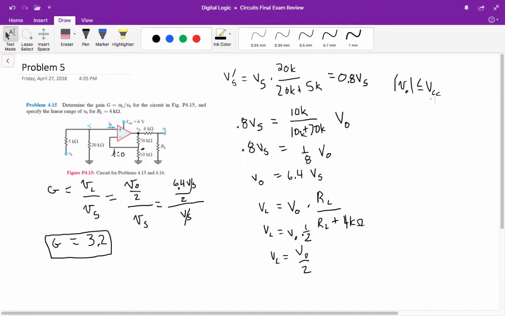And the absolute value of V out, so we have V out is 6.4 VS, has to be less than or equal to VCC, which is given to be 6 volts.